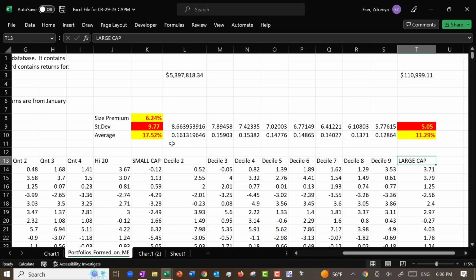And if you look at the average returns on an annualized terms, you make about 17.5% compounded for a year on small caps, but you make only 11.29 for large caps on average since 1926.